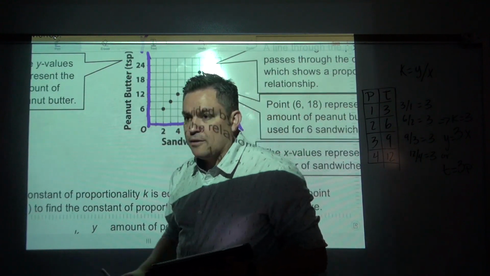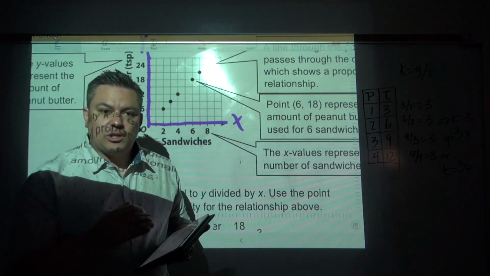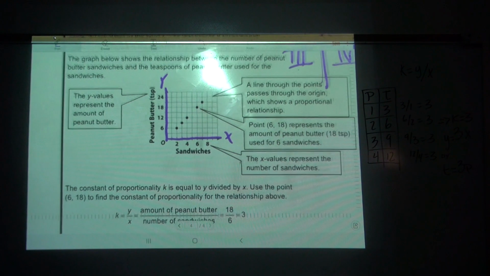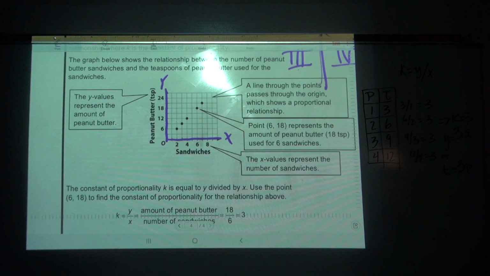X and Y. Now, each one of those axes is going to have different things. In this case, the x-axis is sandwiches, and the y-axis is talking about peanut butter tablespoons. So somebody's making sandwiches right now.